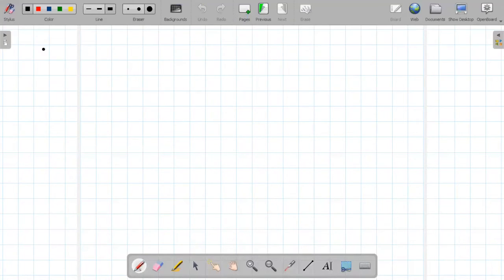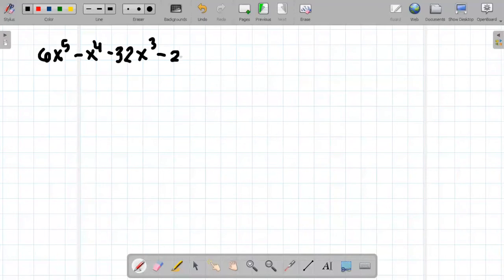You'll have 6x raised to the power of 5 minus x raised to the power of 4 and then minus 32x cubed, and then minus 20x squared plus 5x plus 8.